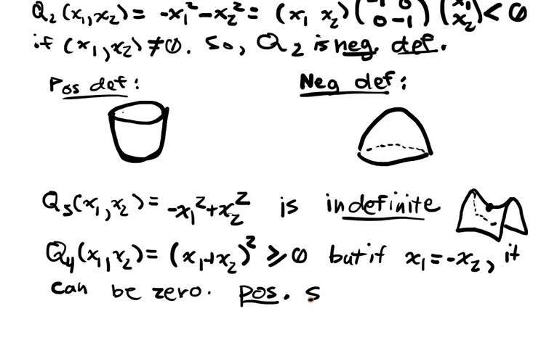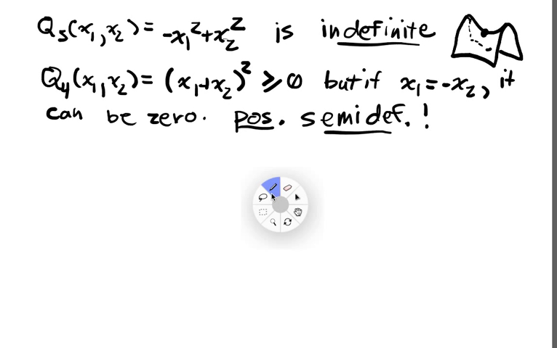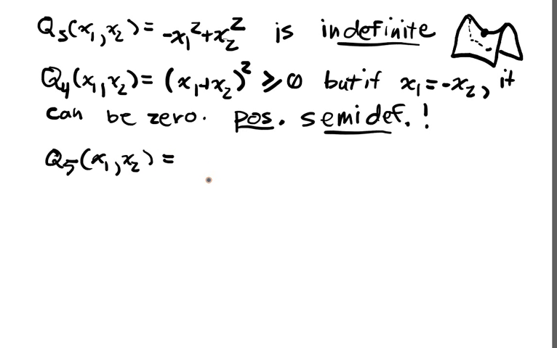Now Q5 of (x1, x2), let's say the negative of this, the simple one: negative (x1 minus x2) squared. It doesn't really matter. This is going to be negative semi-definite.